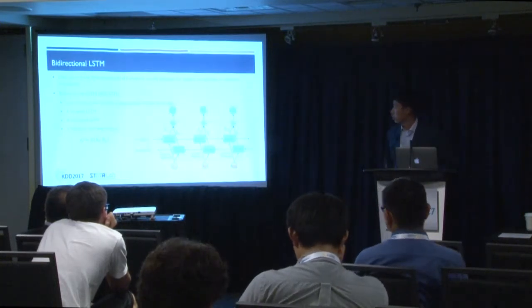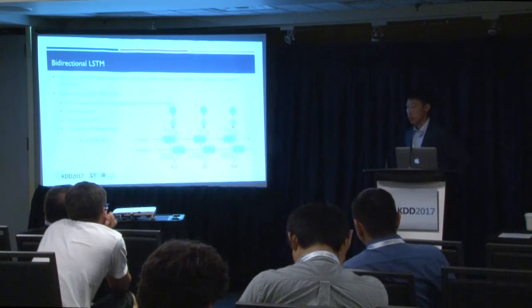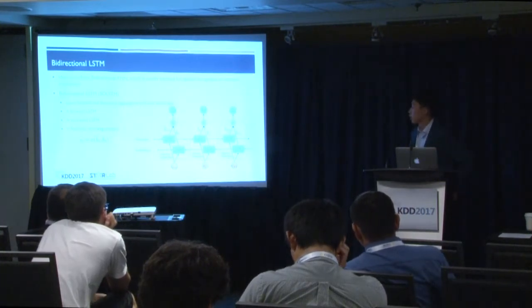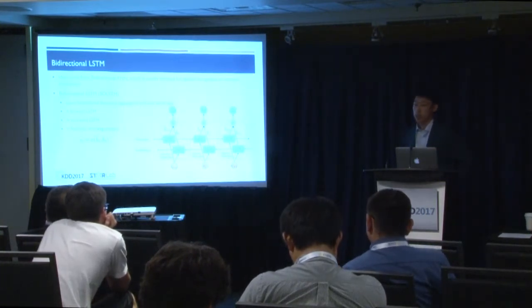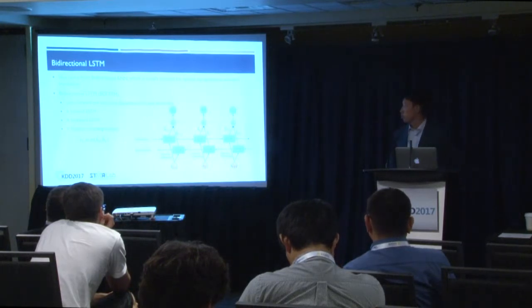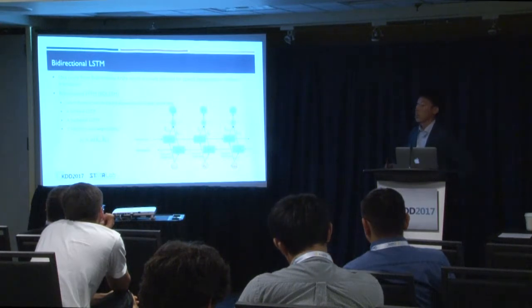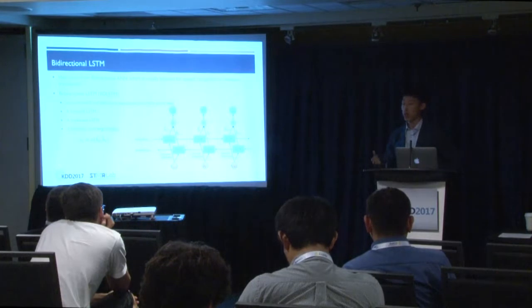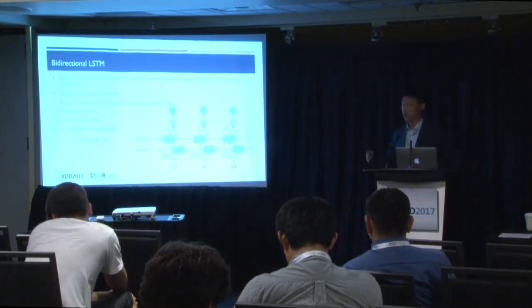And then there is the bidirectional LSTM. This idea comes from the bidirectional RNN. It was developed many years ago, but it has usually been adopted for speech recognition and sentence translation problems. The bidirectional LSTM has two LSTM layers, one in the forward direction and the other in the backward direction.